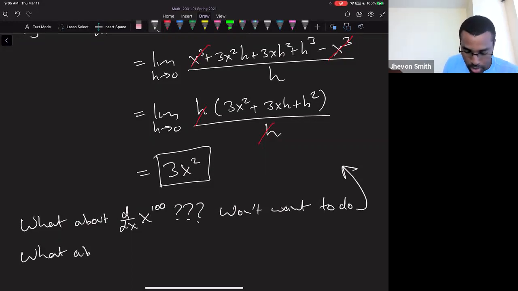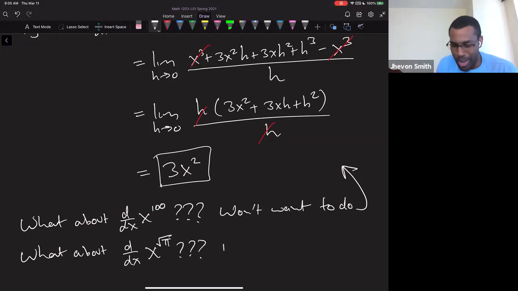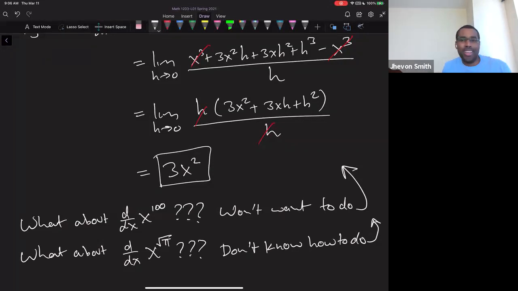What about the derivative of x to the square root of pi? I don't know how to do that. If I plug in x plus h to the power of radical pi, I don't know where to go here. So that's kind of complicated.